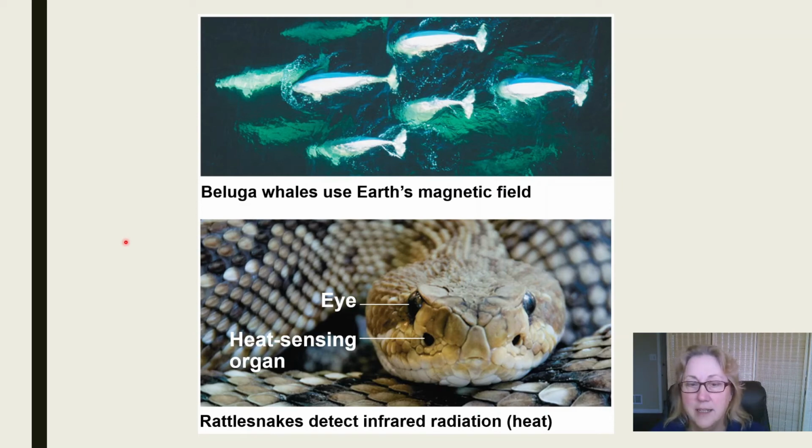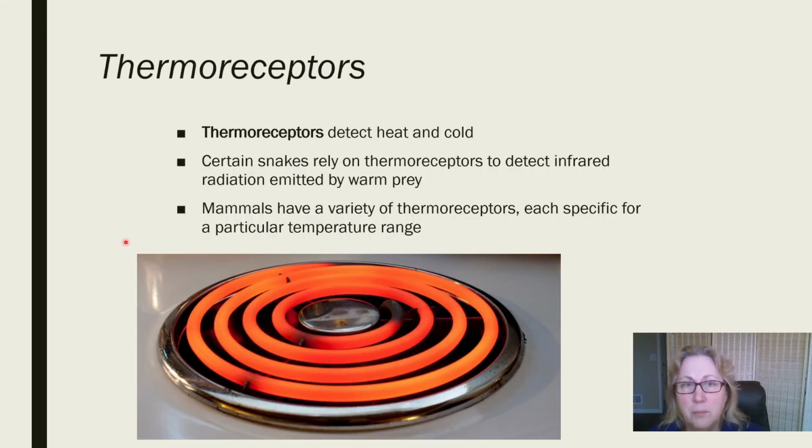That's detecting infrared radiation. Some animals are really good at detecting infrared radiation, like some snakes have a special organ that is really good at giving them directionality for sensing radiation, and they use this, of course, to find their warm-blooded prey. But we can do it too.